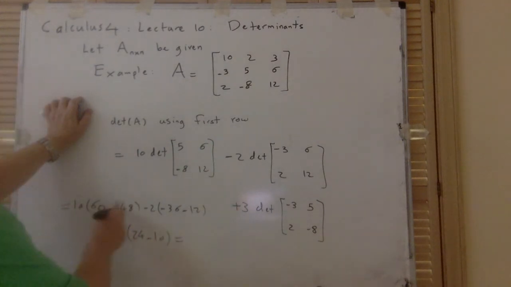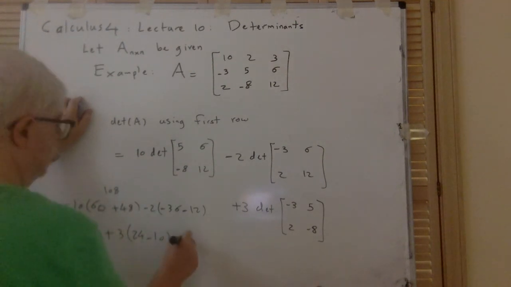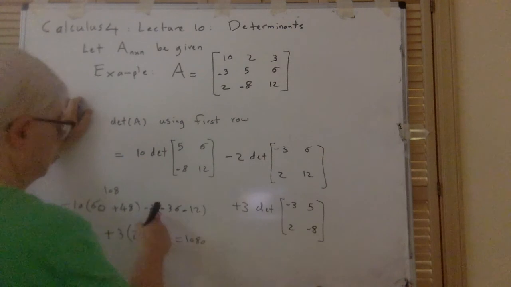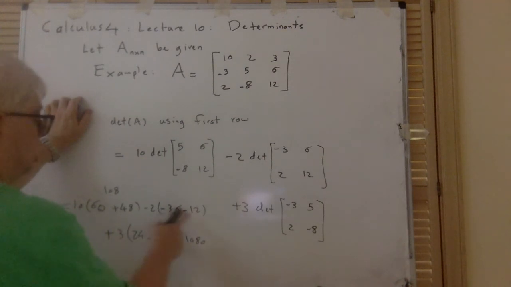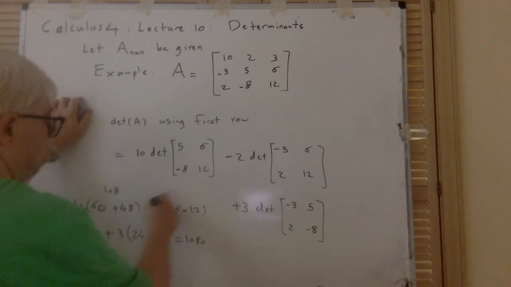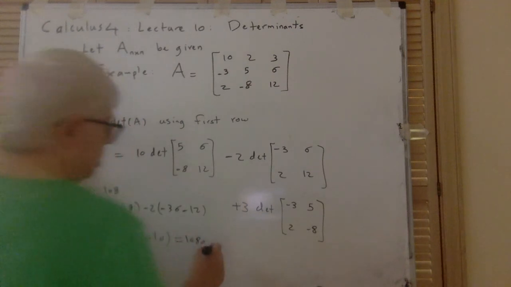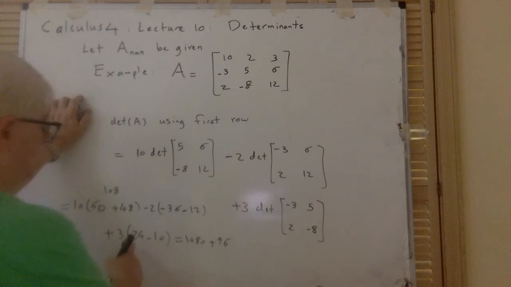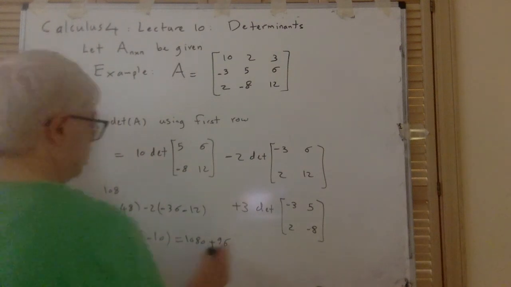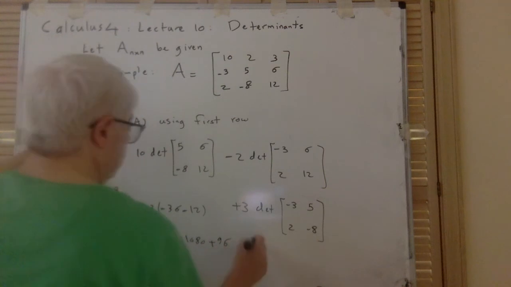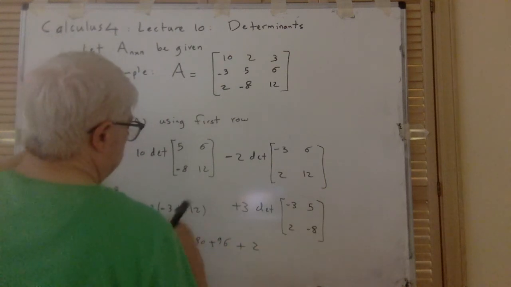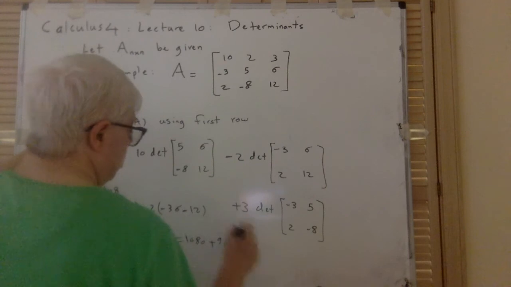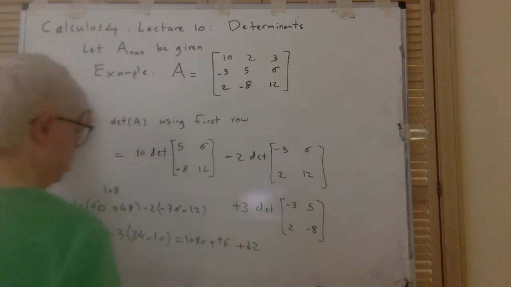Okay, so this is 108, is it? Yeah, 108 times that is 1080. This one is 36 and 12 is 48. 48 times 2 is 96. And this one is 14 times 3, okay?